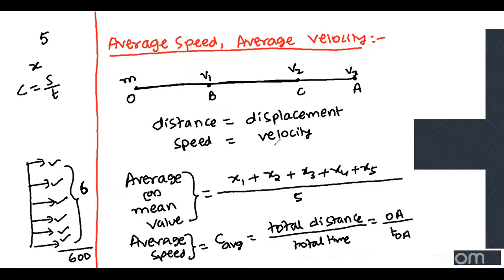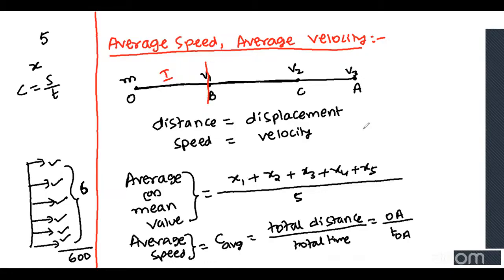Now this OA I am dividing into 3 intervals: OB is the first interval, B to C is the second interval, and C to A is the third interval.